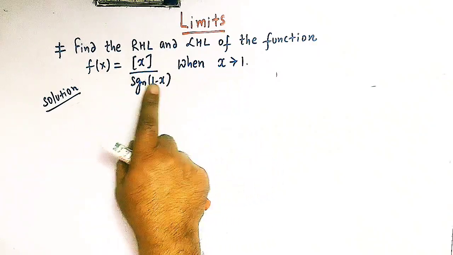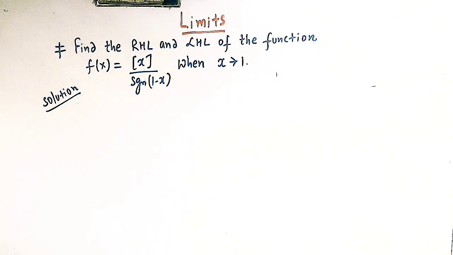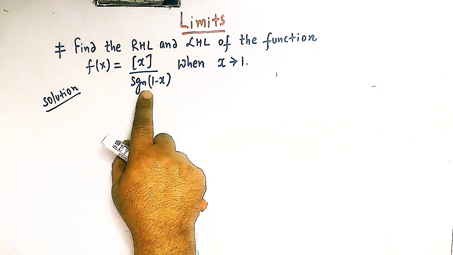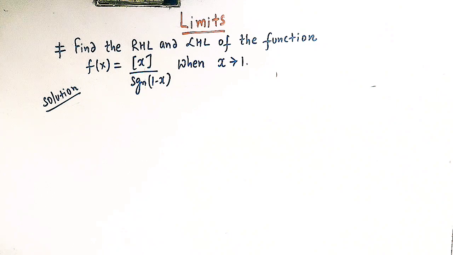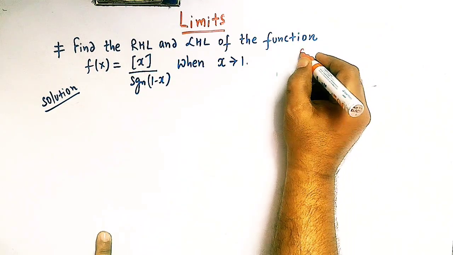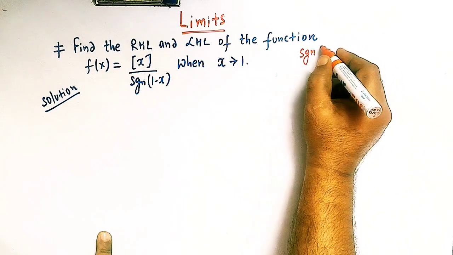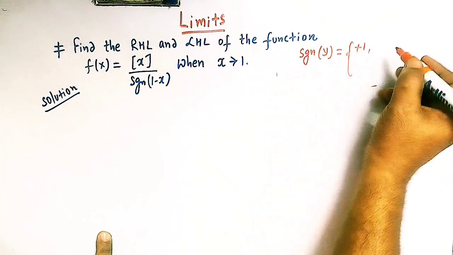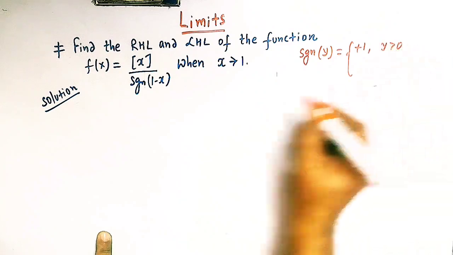But before finding out the right hand limit and the left hand limit, let us quickly revisit the definition of a signum function. Now the signum function is defined as signum of y is given by positive 1 whenever y is greater than 0, right?